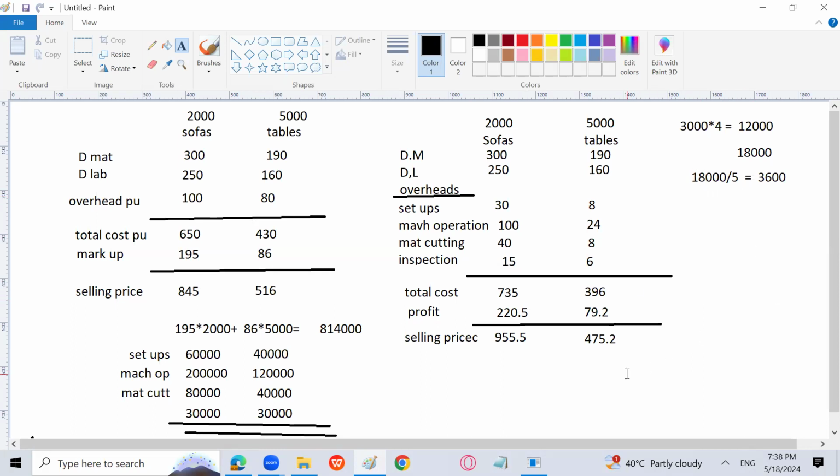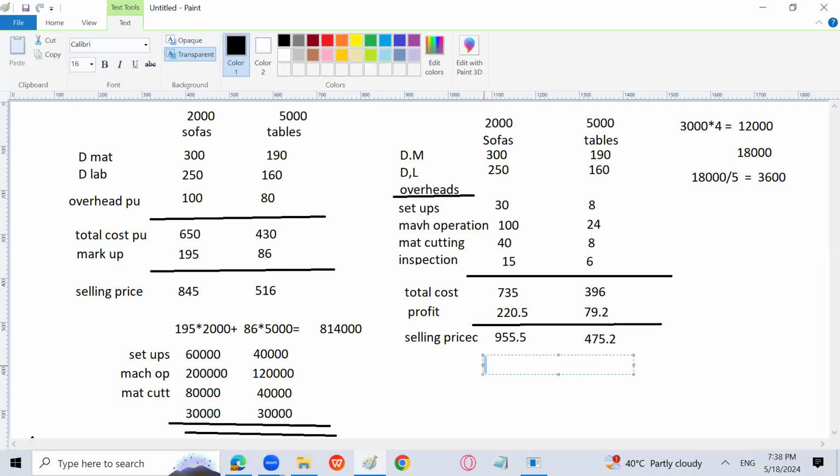But now we have to calculate according to the consumption. That is going to be 3,600 units into 220.5 plus tables. How many tables are we going to produce? 3,000, and the profit per unit is 79.2.